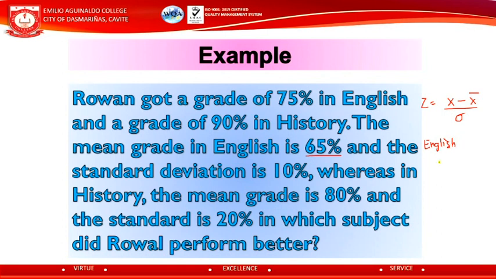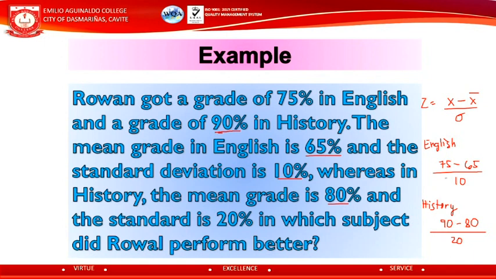So we have here 75 minus 65 for English, then divide it by the standard deviation of 10. And then for history naman, for history we have Rowan got a grade of 90%, so that is 90 minus our average or the mean grade is 80. Then the standard deviation is 20%.